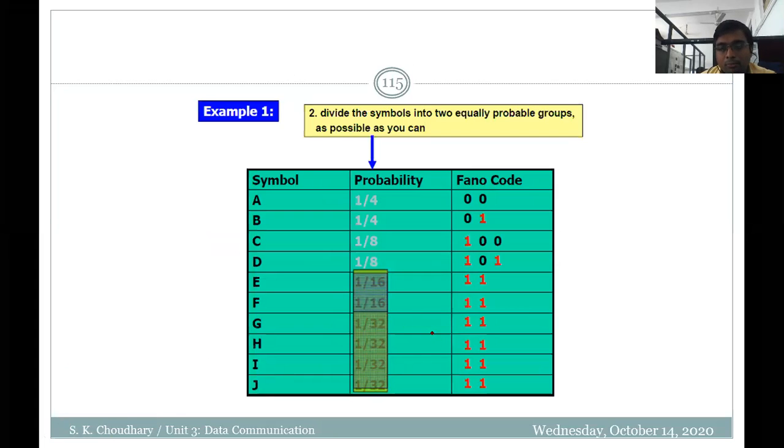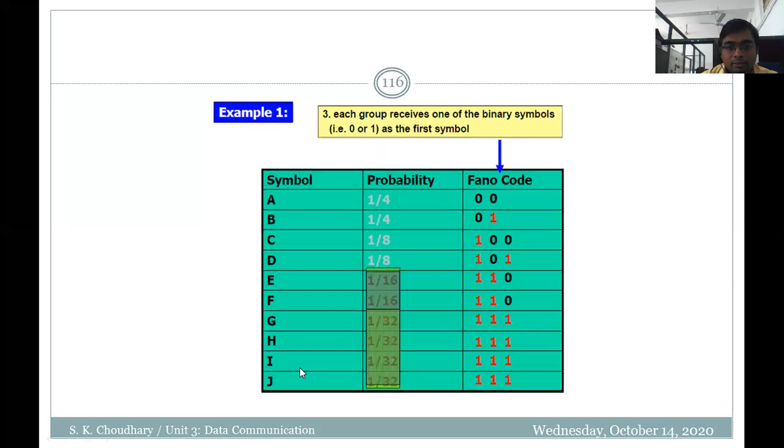Again there is a partition. Now again we have the two groups E, F and G to J. Above the partition there is a binary 0 and below the partition there is a 1. Again there is a possibility of division between E and F, so we do a further partition.